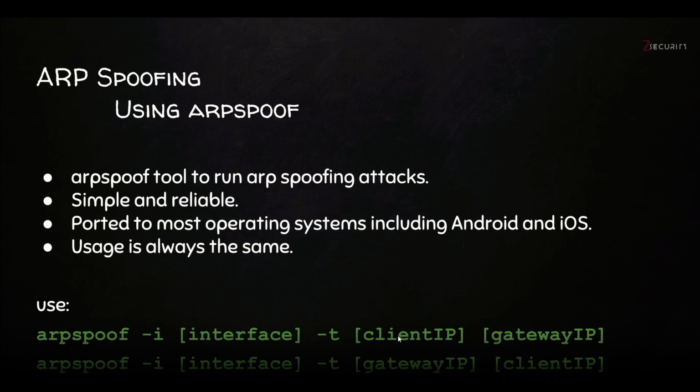Then you write the client IP, and here you write the router's IP. Client means victim. Here it will be your interface, eth0.